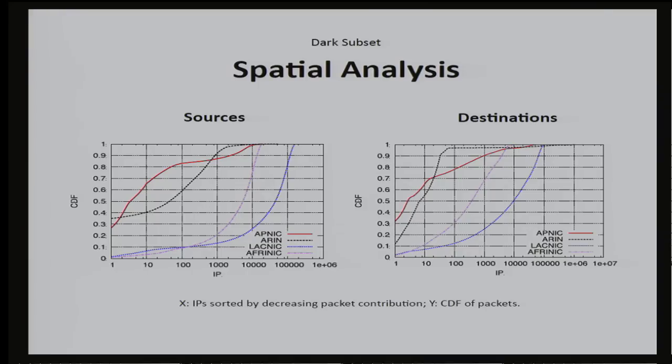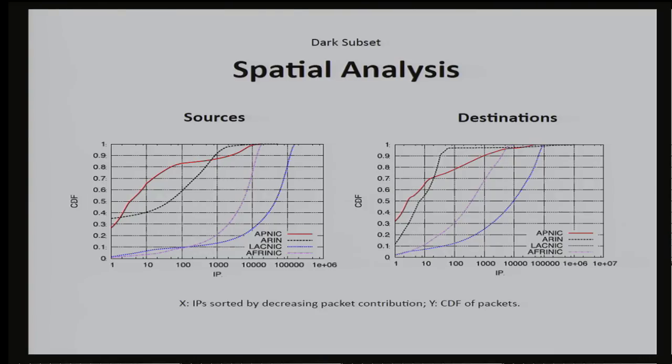Spatial analysis. We're looking at where this traffic is coming from, and destinations, where it was destined to. The red and the black lines are for APNIC and ARIN region specifically. So if you're looking at just the sources chart, what we're seeing is very few sources, less than 1,000 unique sources accounting for over 90% of the traffic for the 3-month data set.